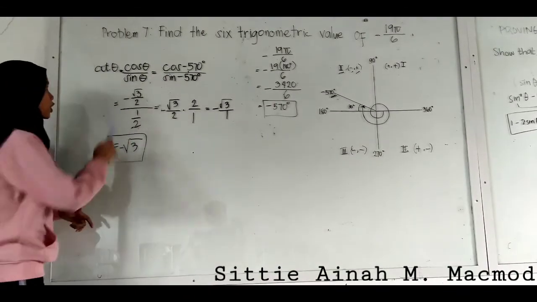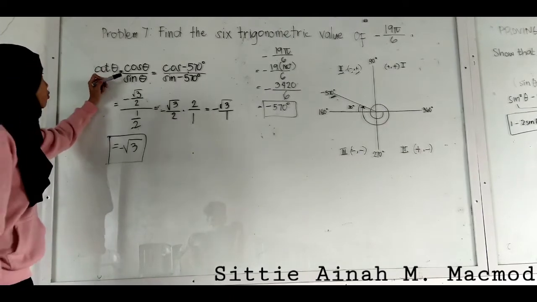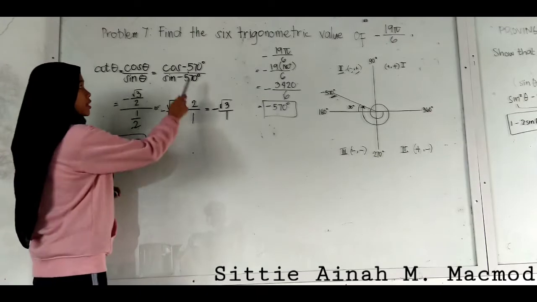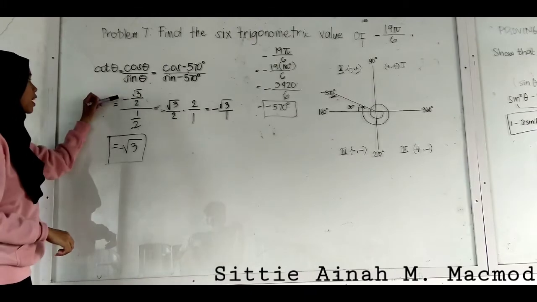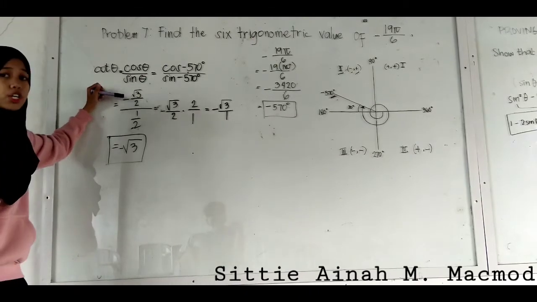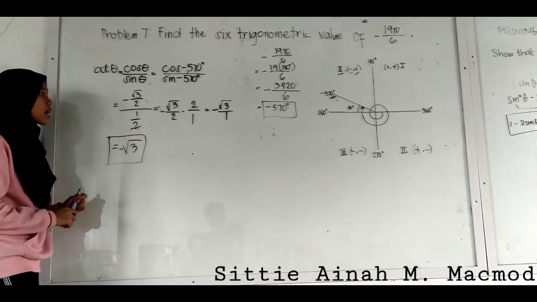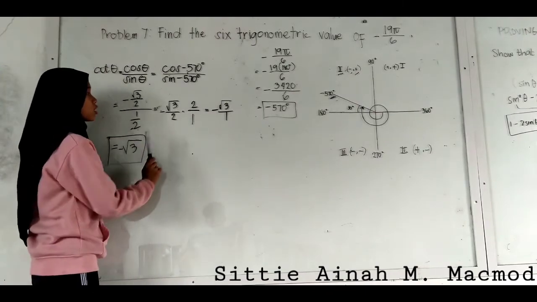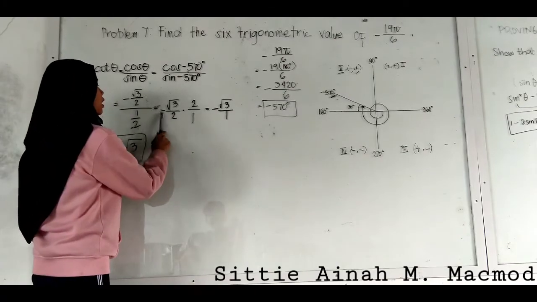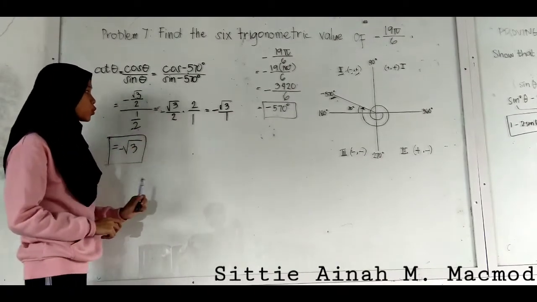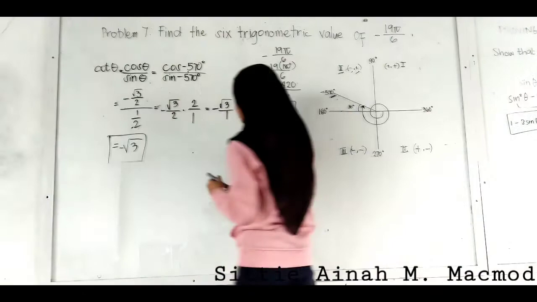So, let's proceed to cotangent theta. Cotangent theta is equal to cosine over sine. The theta is negative 570. So, the cosine is negative square root of 3 over 2, over the sine, which is 1/2. We need to take the reciprocal because there is a fraction in the denominator. So, negative square root of 3 over 2 times 2 over 1, since the reciprocal just flips it.